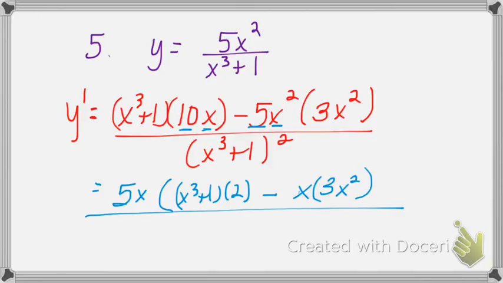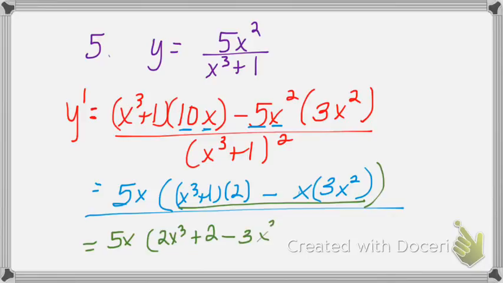And to save room, I'm not going to write the bottom again. What we would do next is we'd go ahead and work out this part right here in the parentheses. 2x to the third plus 2 minus 3x to the third over the bottom.